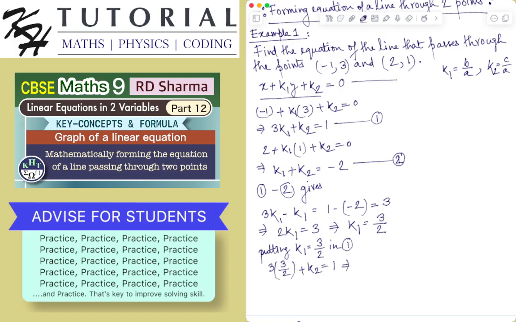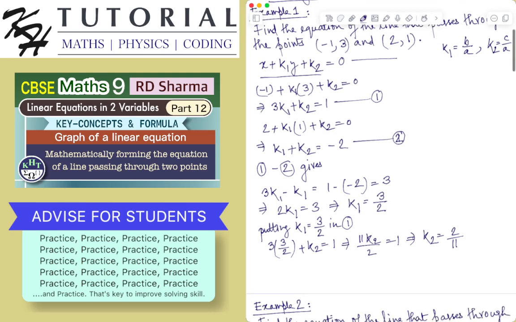This implies 9 by 2 plus k2 by 2 is equal to 1. This implies k2 is equal to 2 by 11. Okay, k2 is 2 by 11.